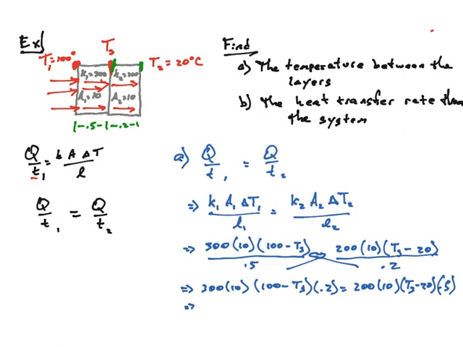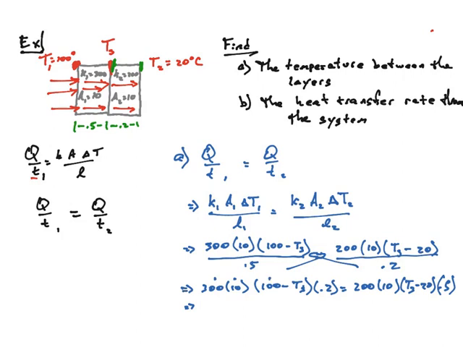All right, so what is all of this? 300 times 10 is 3,000 times 100, minus, I'm sorry, times 0.2. I'm forgetting that. So we do 300 times 10 times 100 times 0.2, right?